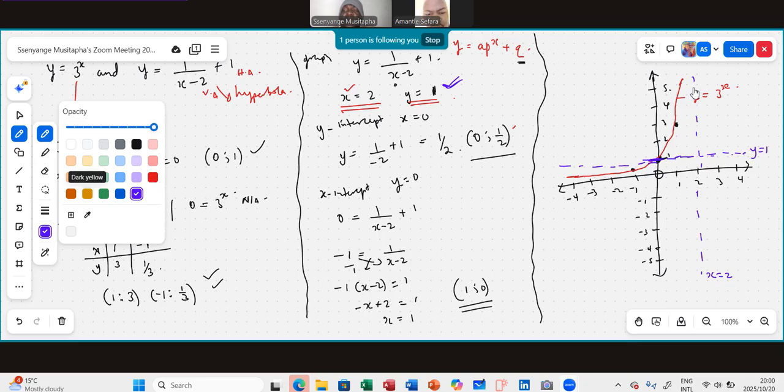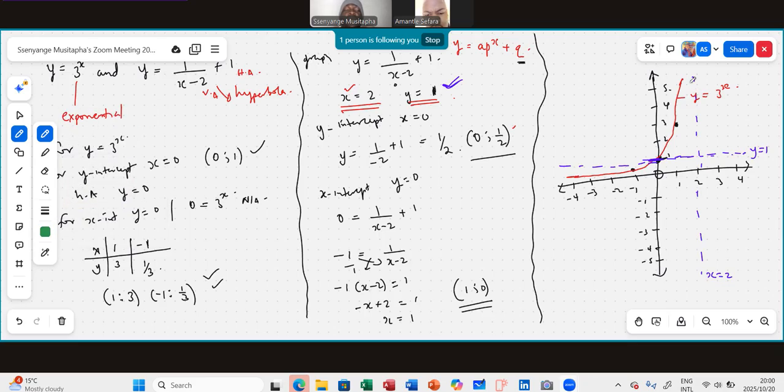So from there, now I'm going to try to draw. Let's see, where is 0.5? 0.5 is here, and the intercept. Then I have 1 and 0, which is this one. So obviously, this one will come and pass through this.